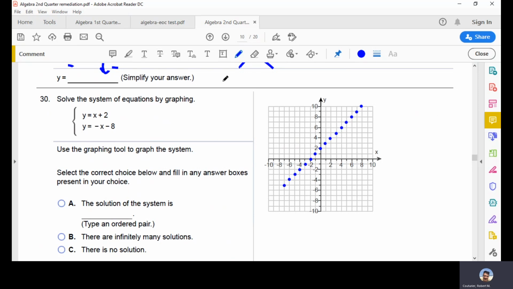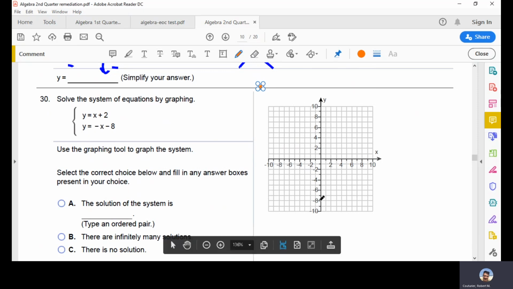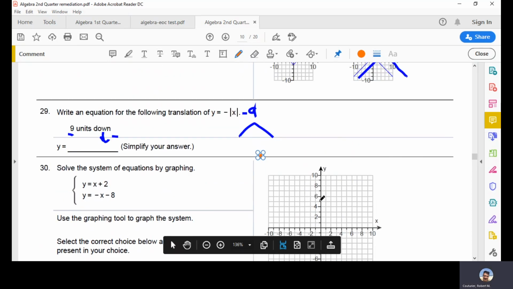Now we have to do the next one. All right. See if I can get colors to change. For me, we have two lines, two separate colors. Our intercept is -8. So on the y-axis, -8. Put a dot.